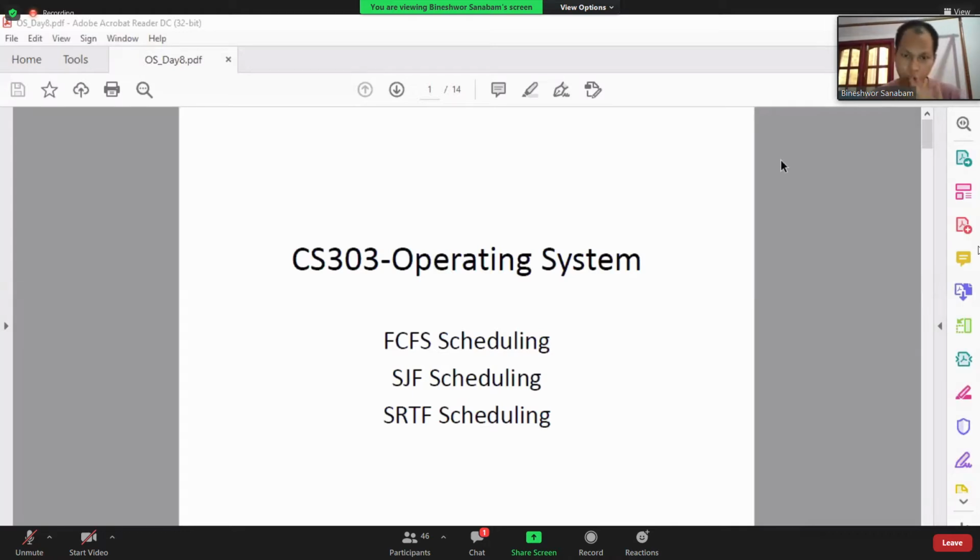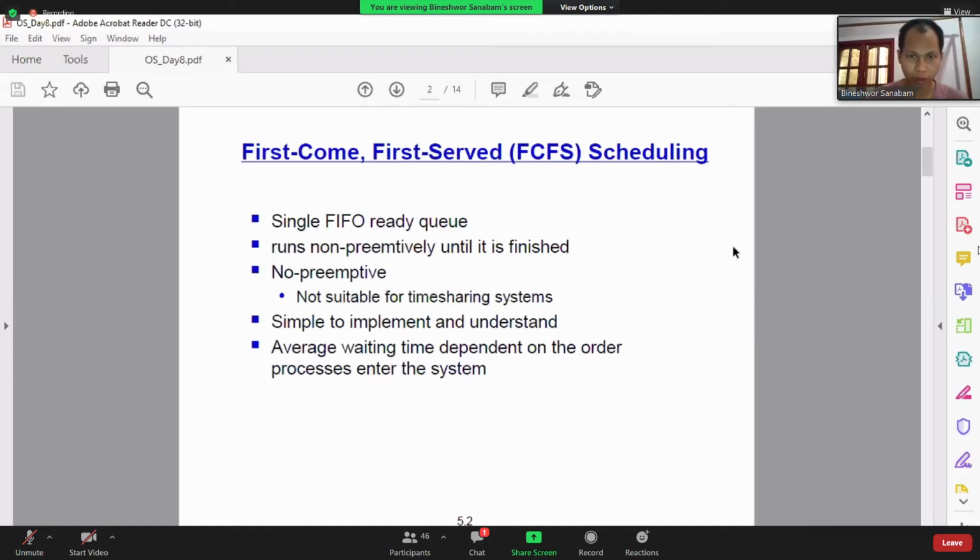As I said, we are going to discuss the scheduling algorithms. The first is first come first serve, the second one is shortest job first, and the third one is shortest remaining time first. Coming to first come first serve, as the name suggests, whatever process comes first, the CPU will be given to that.